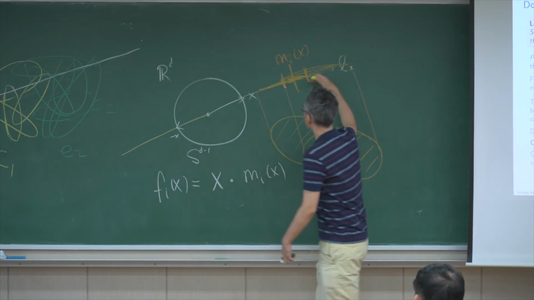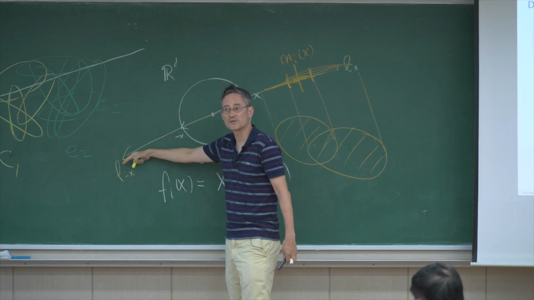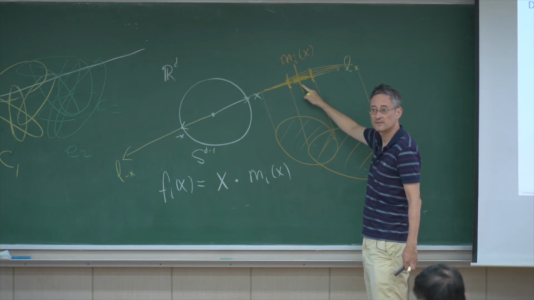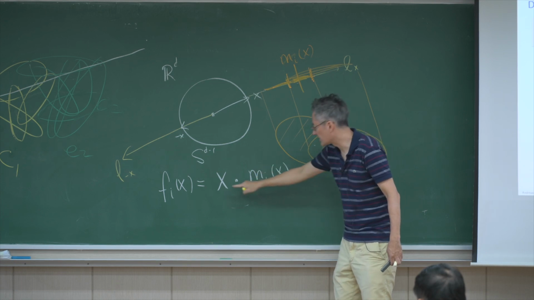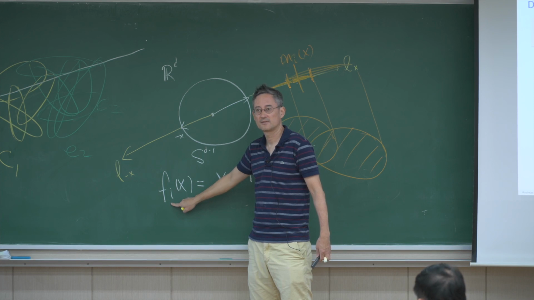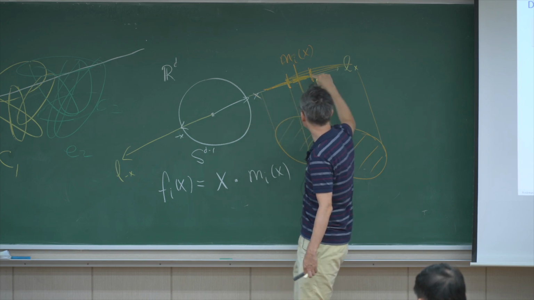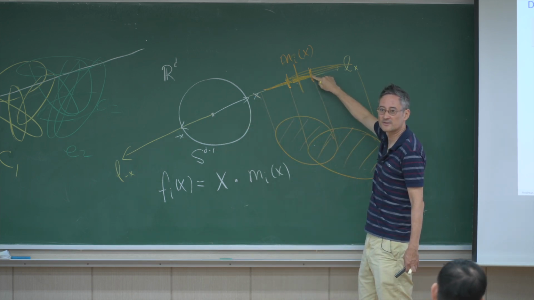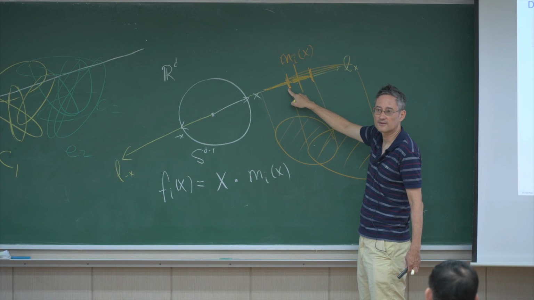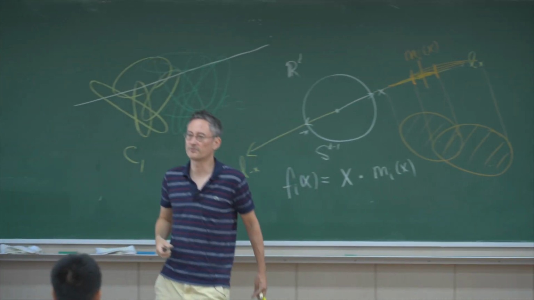Well, the undirected line is the same, but the direction L_(-x) is pointing in the opposite way. What is the midpoint? Well, it's the same, except the sign of this guy changed. So that's an antipodal function, right? When you take minus, you get minus the same value. So maybe that's why I chose the midpoint, because if I said, say, the right endpoint, then what is the right endpoint when you're going in that direction? Well, it jumped over here, right? So maybe it's safest to choose the midpoint. But I think there are ways to work around this.